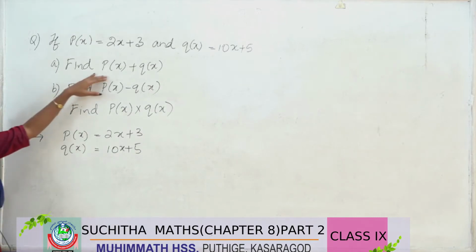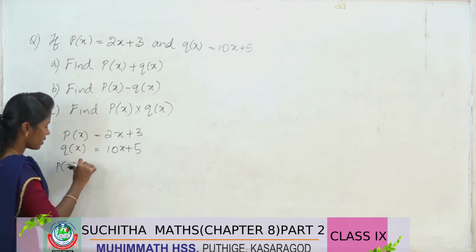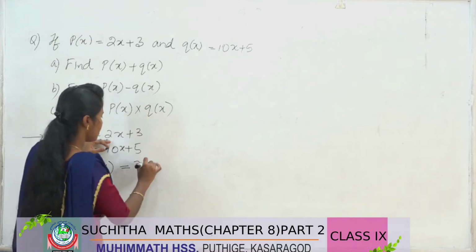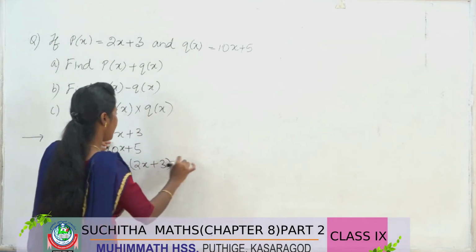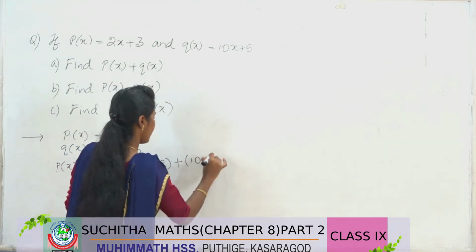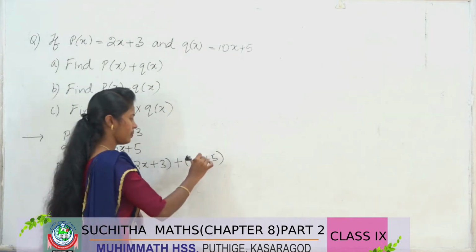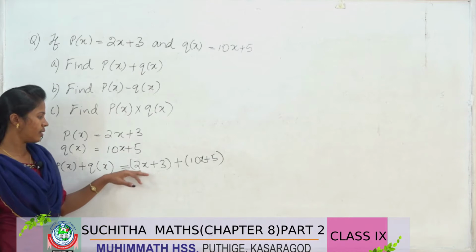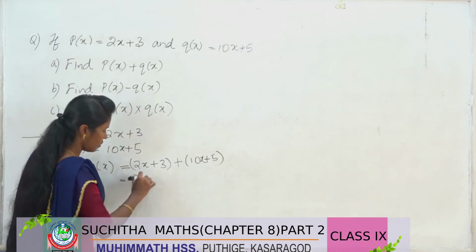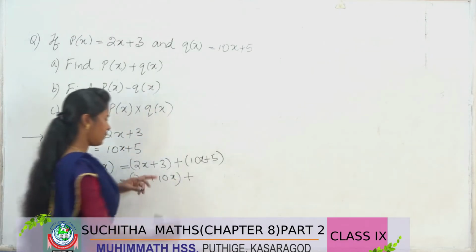So first find p of x plus q of x. That is p of x plus q of x equal to p of x, which is 2x plus 3, plus q of x, which is 10x plus 5. First add the x terms, 2x plus 10x, then the constant terms.